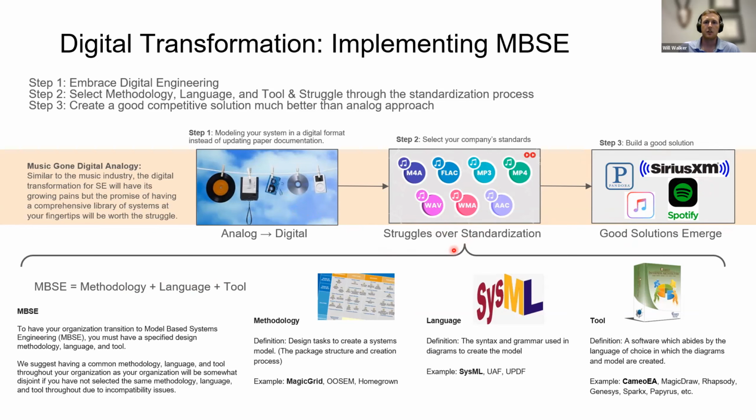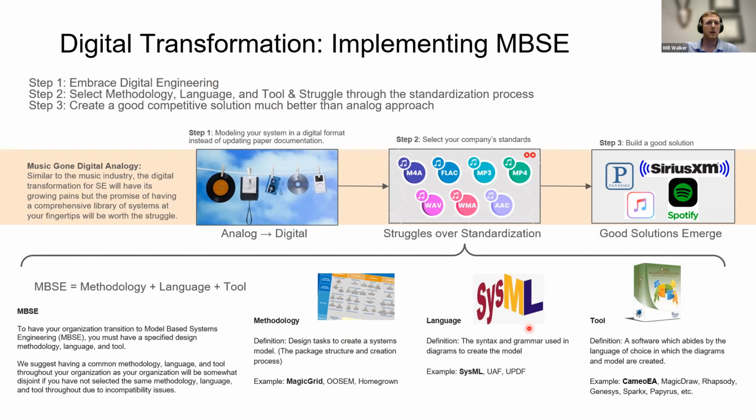Where we're at right now is step 2. We're still struggling over the standardization of how exactly we want to format everything so that we can get to this good solution down the road. To talk about some of the standardization, Jeff and I have both said methodology, language, and tool.